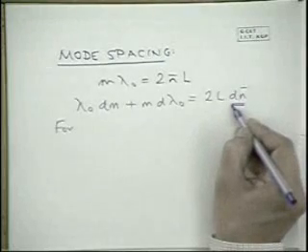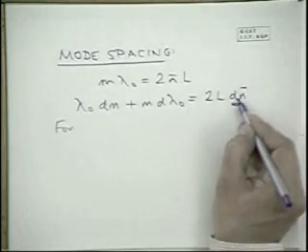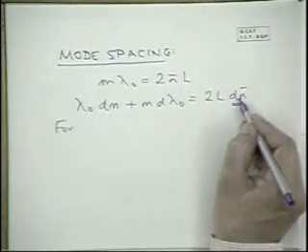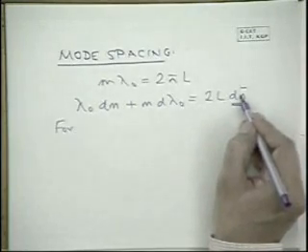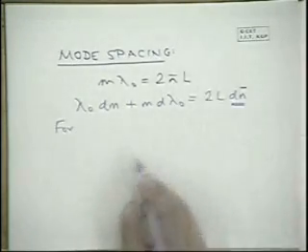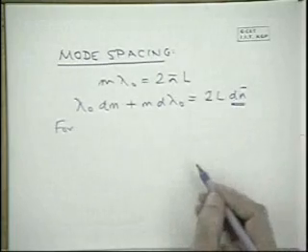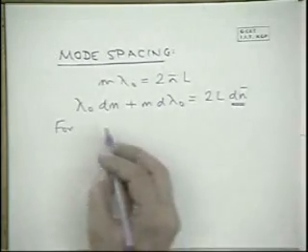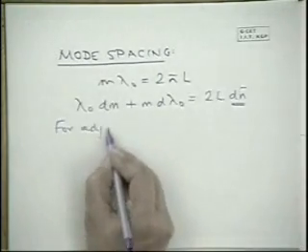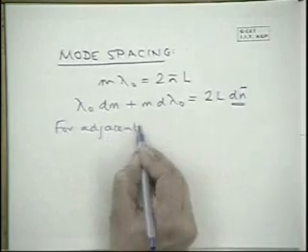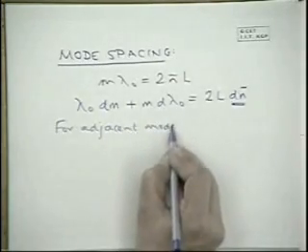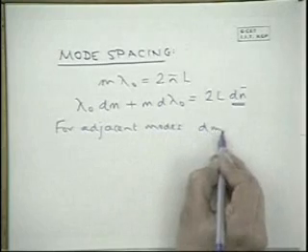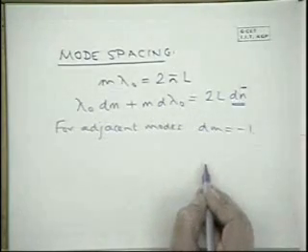It is dispersion. The refractive index is not constant, independent of wavelength. There will be some variation of refractive index with wavelength. That is a property of the medium. So for adjacent modes, dm is equal to -1.